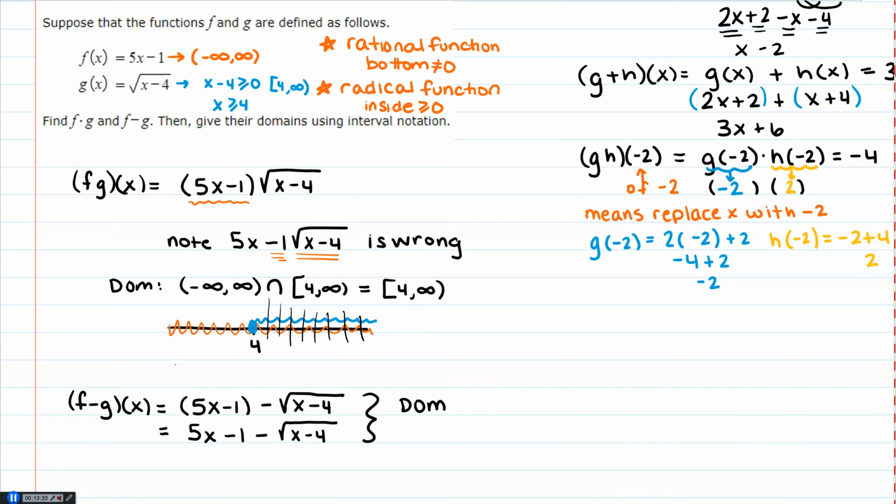The domain is all real numbers intersect 4 to infinity, which equals 4 to infinity. So when you're putting in your answer, you would just put in 4 to infinity, and that 4 is included because the domain for something under the radical is greater than or equal to 0.